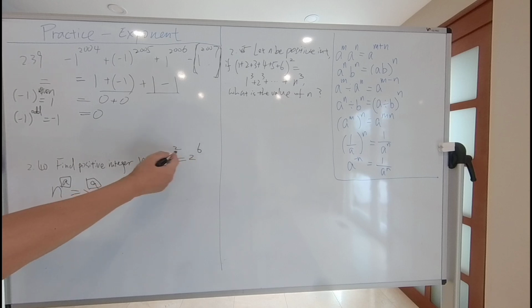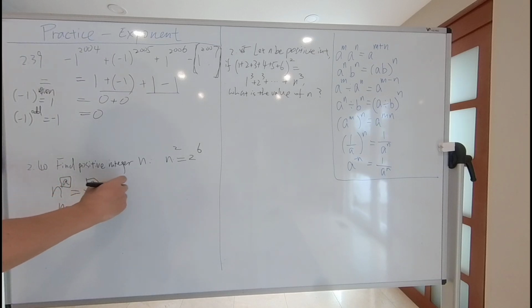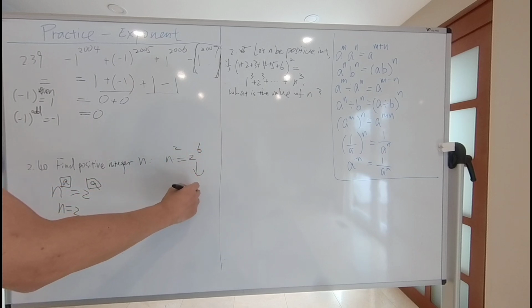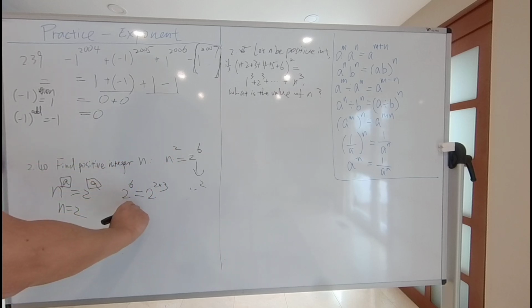But here, the powers are not the same at the beginning, which means we need to do some transformation first in order to solve this question. If we can convert this to something with the square, then we are able to solve the question, right? So 2 to the power of 6, the number 6 can be written as 2 times 3. So you can factor out a square from here.